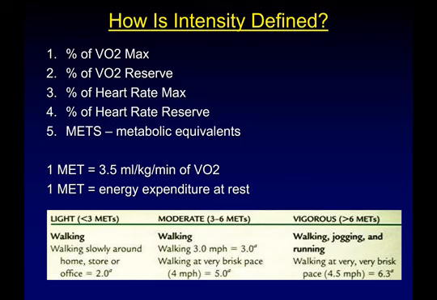So all of us have some top end number. This is how much energy our muscles can make using aerobic metabolism, using oxygen and breaking down protein, carbohydrates or fat to make ATP.